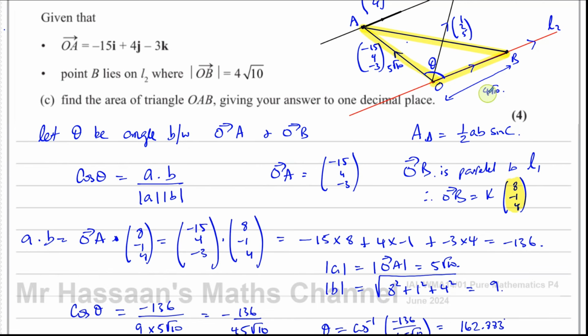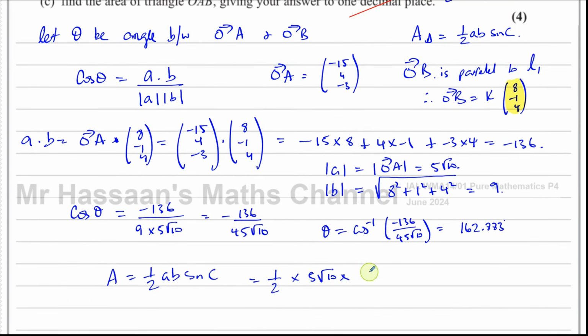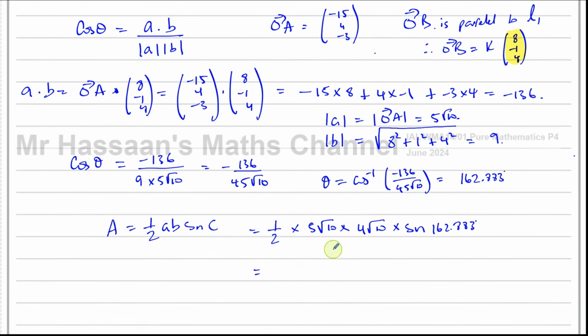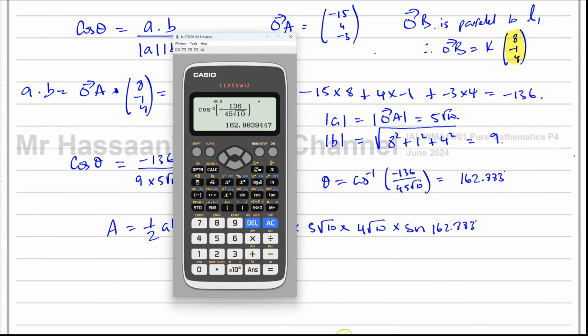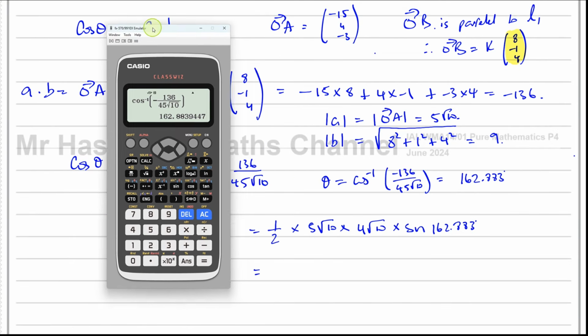I need to do a half times AB sine of this angle, theta. So half times 5 root 10 times 4 root 10 times the sine of the angle we just found, 162.883. Okay, so we're going to put this in the calculator. We have this angle already from before.